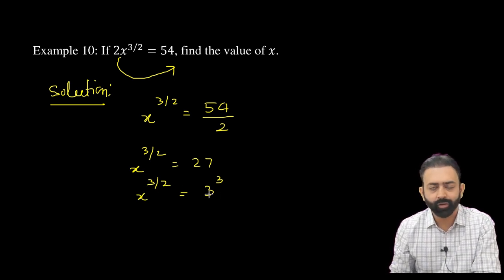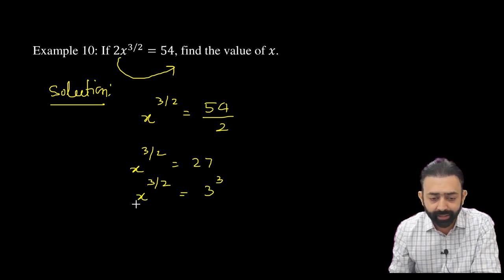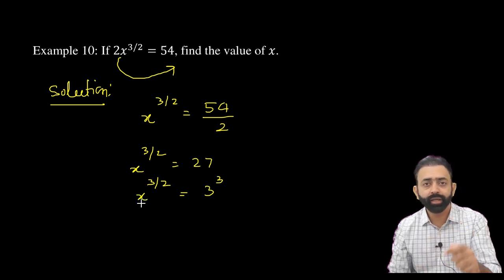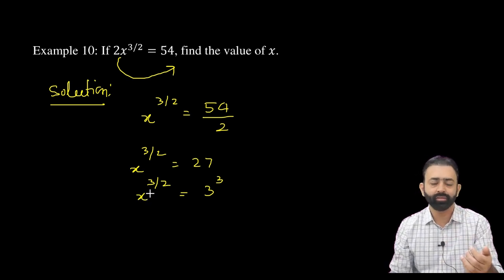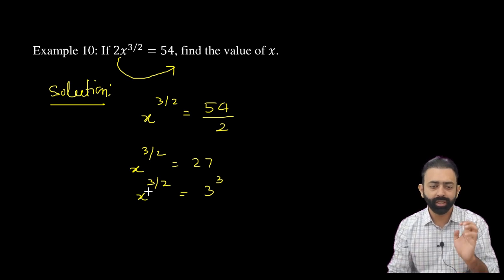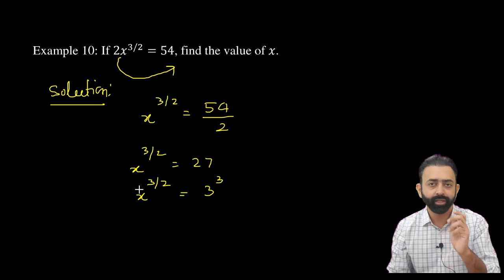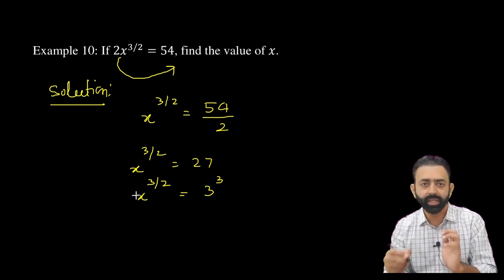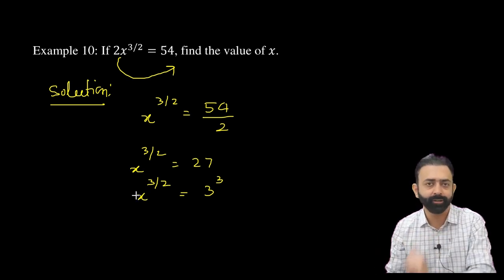Now here on the right hand side, it is written 3 cube and the variable is in the base. So I need to make the exponent on the left hand side equal to the exponent on the right hand side, which is 3.